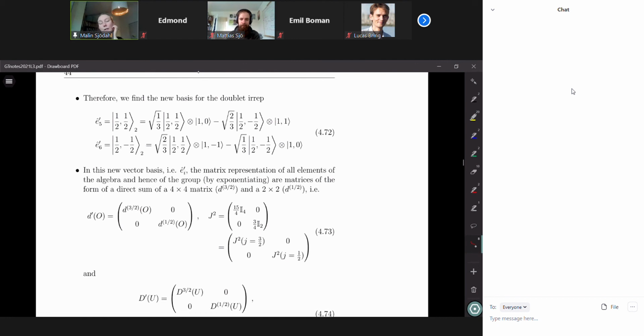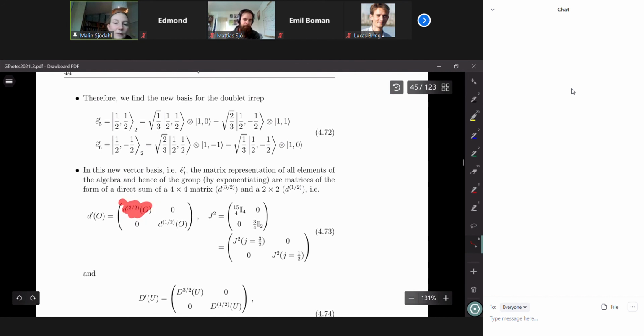So now by construction and by the invariance of J squared under irreducible representations, we find that J squared can be divided in two different pieces. One piece corresponding to the spin-3/2 representation sitting up here.